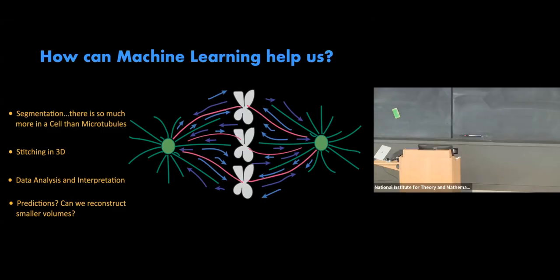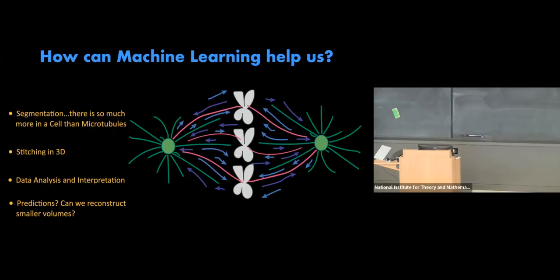Stitching in 3D is still a bit tricky and hard to do. Data analysis and interpretation is also a big thing because there's so much data that sometimes it's really hard to figure out how you retrieve anything that is important. And I think maybe some sort of predictions, because we often do large-scale volumes, but that is very laborious.